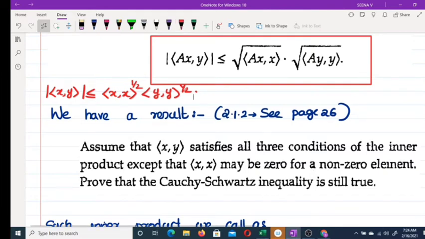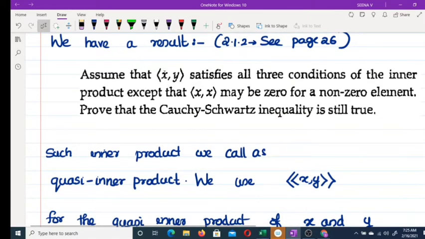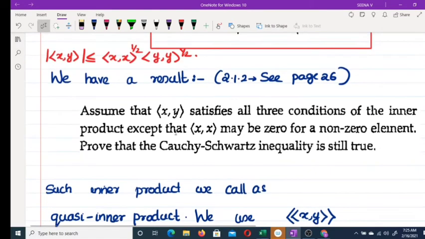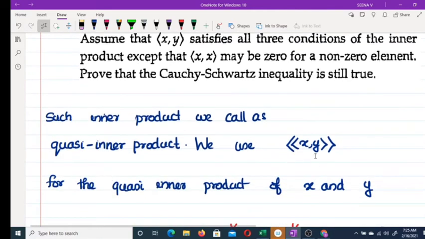Okay. So for proving this, we are proving one result. This is one exercise problem in the second chapter, you can see this on page 26. If inner product xy satisfies all the three conditions of inner product except that inner product xx may be 0 for a non-zero element, prove that the Cauchy-Schwarz inequality is still true. If an inner product satisfies all these conditions except this, then that inner product we call a quasi inner product, and we denote it like this.